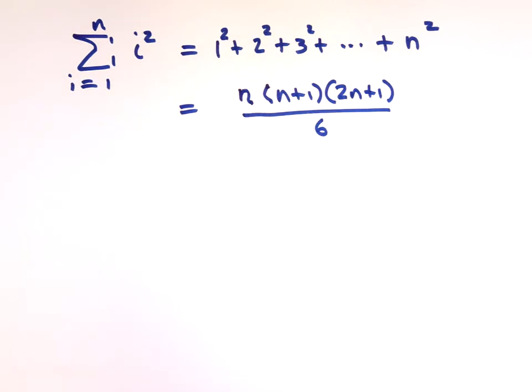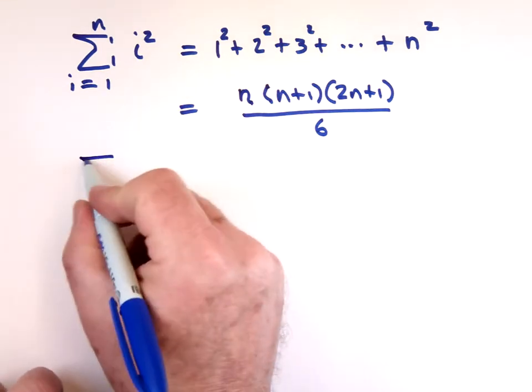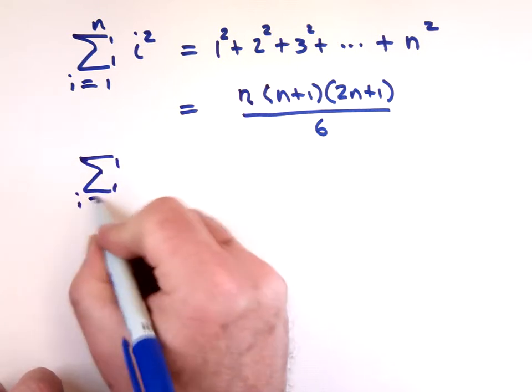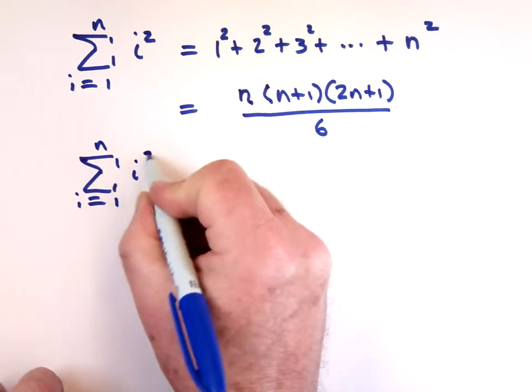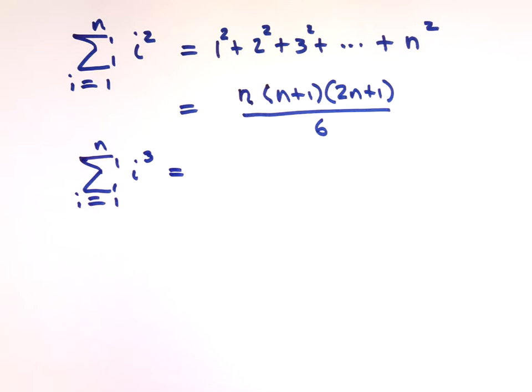Here's one we're not going to use, but I have to show it to you anyways because it's so cool. The sum of the first n cubes: 1 cubed plus 2 cubed plus 3 cubed plus 4 cubed and so on. You'd think it would be something complicated, but what it is is unbelievable. It's n times n plus 1 over 2, squared.